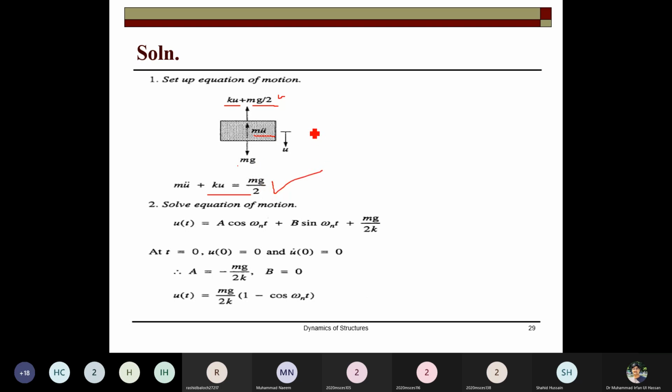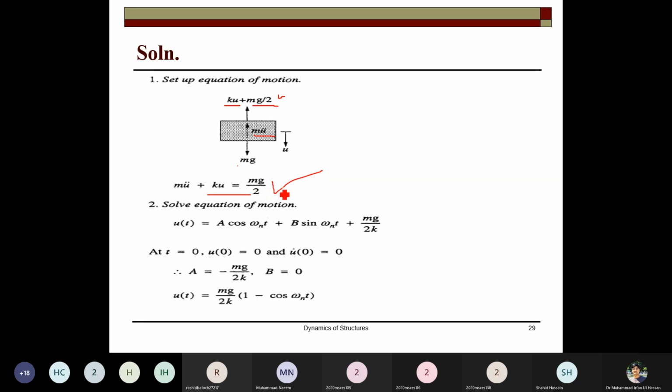So the total net effective force can be written in this form: mg minus mg by 2. So mg is downward minus mg by 2. The net force downward is equal to mg by 2, and Ku plus mu.